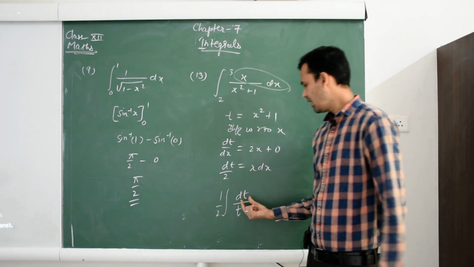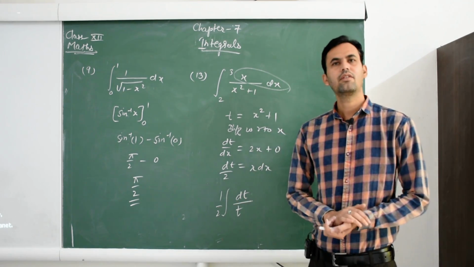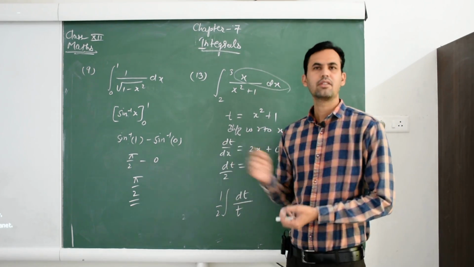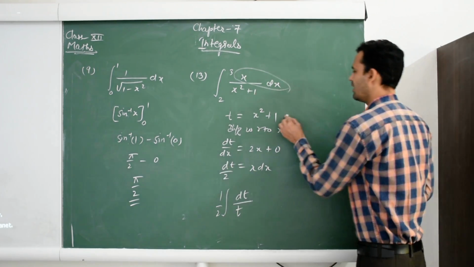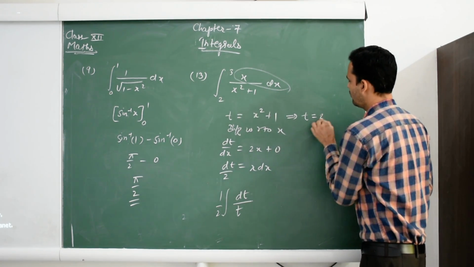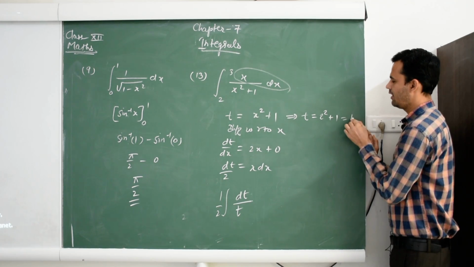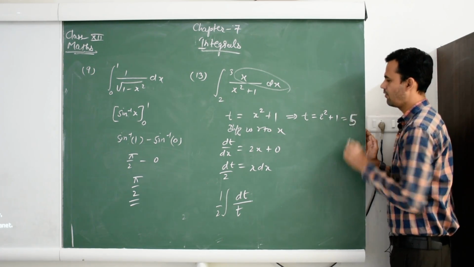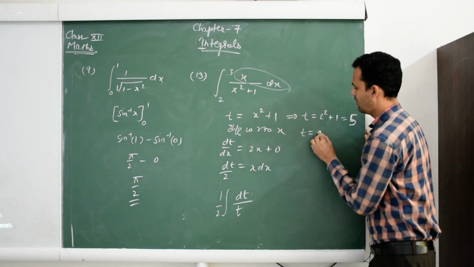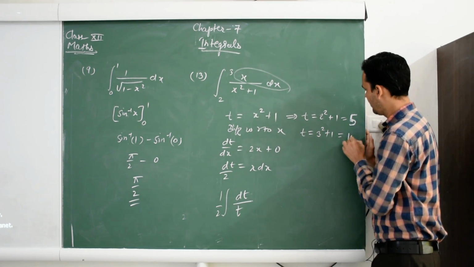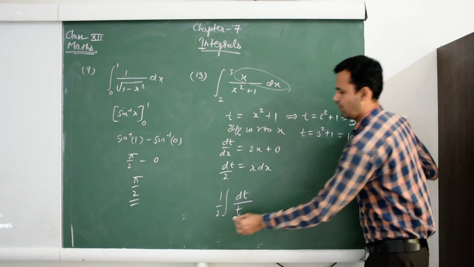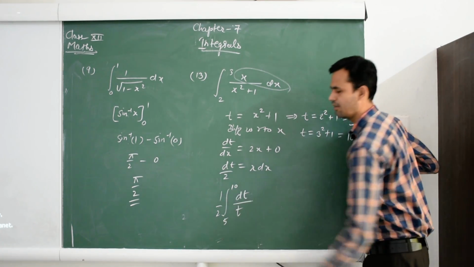If we change this function into the form of t, then we also change the limits into t. How do we change the limits? If we put x as 2, we get the value of t as 5, and if we put x as 3, we get the value of t as 10. So now the limits of t will be 5 and 10.